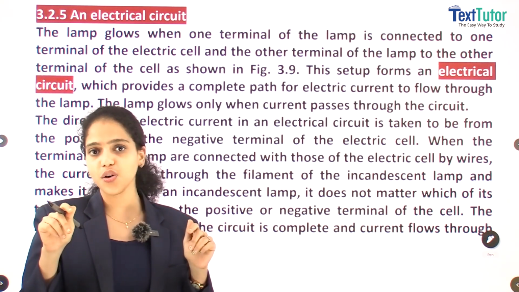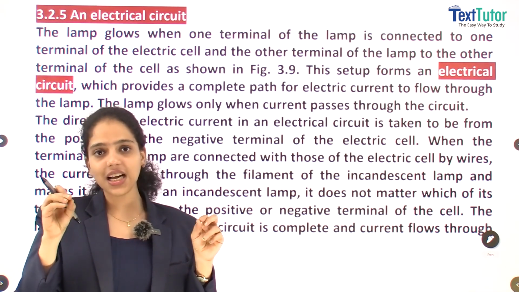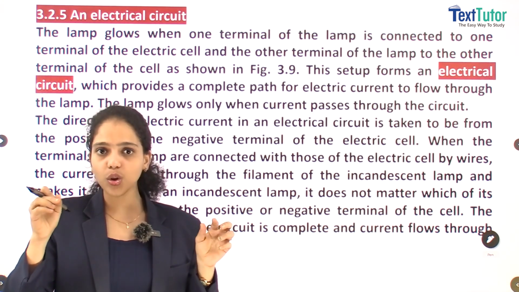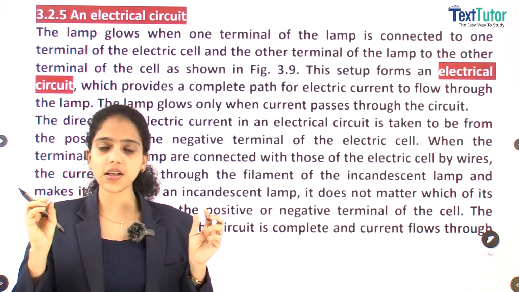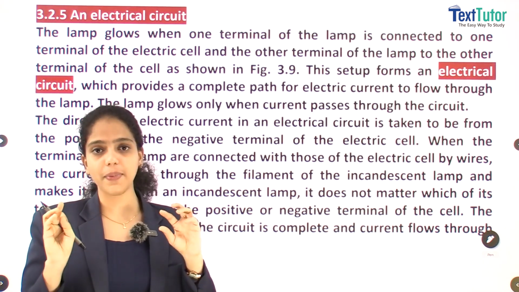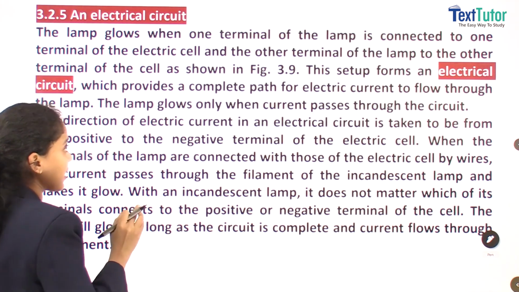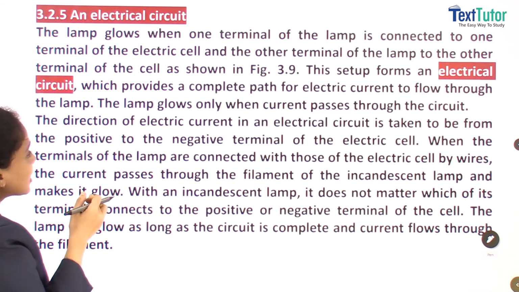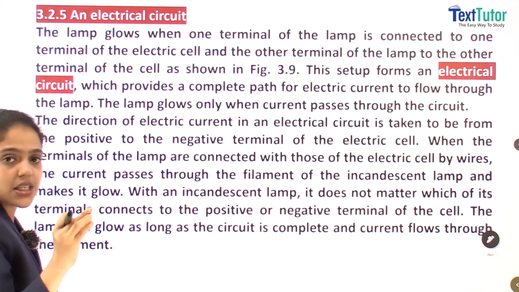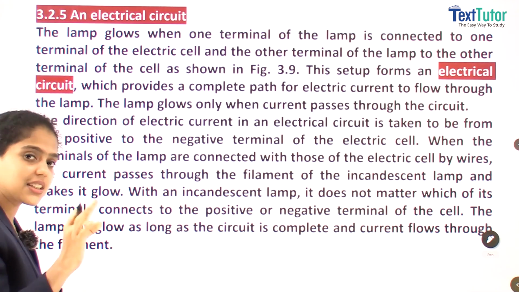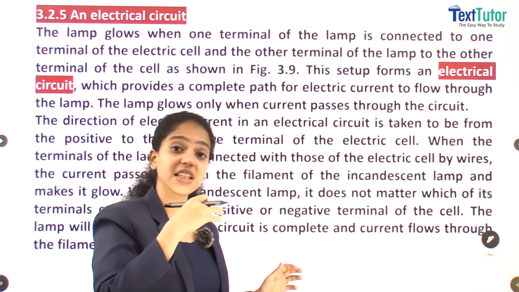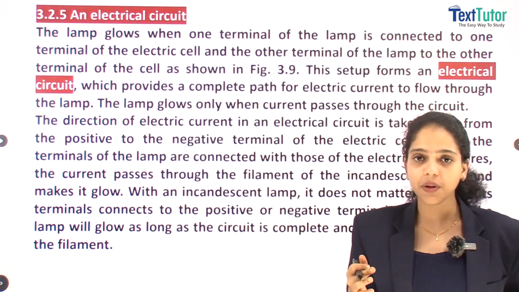These wires are connected to the negative terminal and the positive terminal of the battery. So one terminal of the cell should be connected with one terminal of the lamp, and the other terminal of the battery should be connected with the other terminal of the lamp.